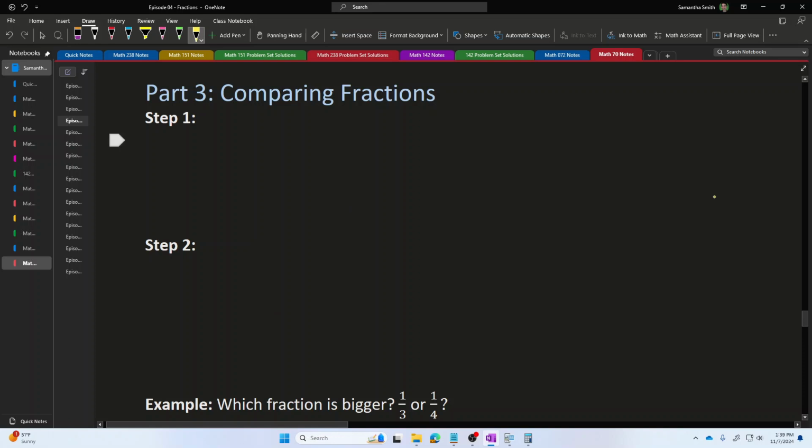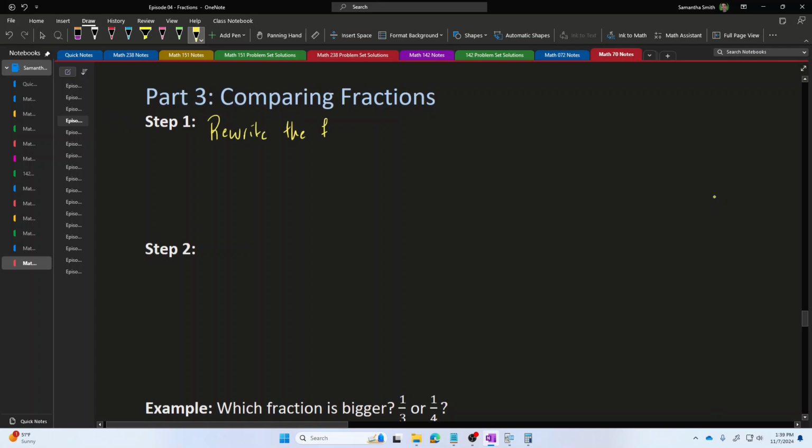First things first, rewrite both fractions so they have the same denominator.